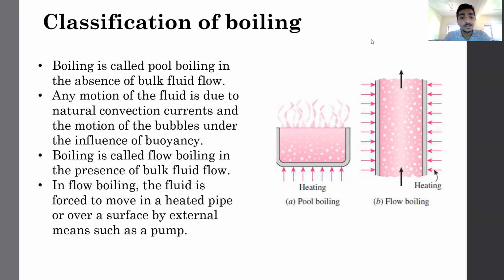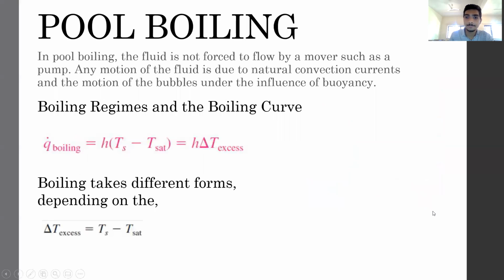In flow boiling, the fluid is forced to move in a heated pipe or over a surface by external means such as a pump. We can see two diagrams here: the first one is pool boiling, and the second one is flow boiling, which is basically like the water we use in pipes.